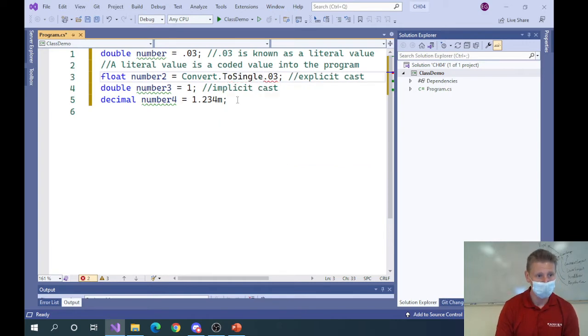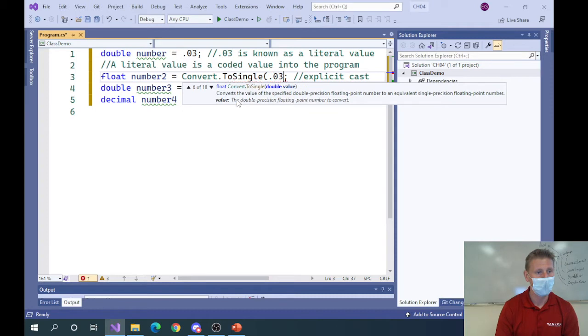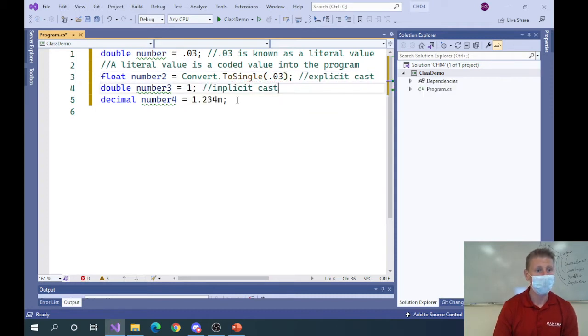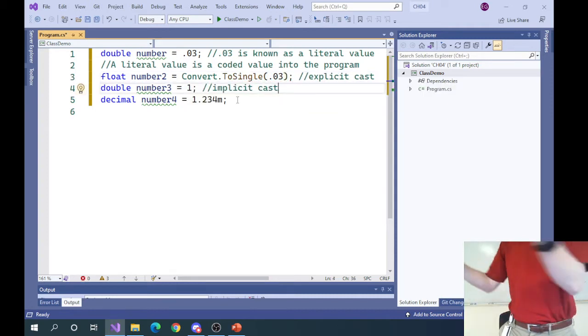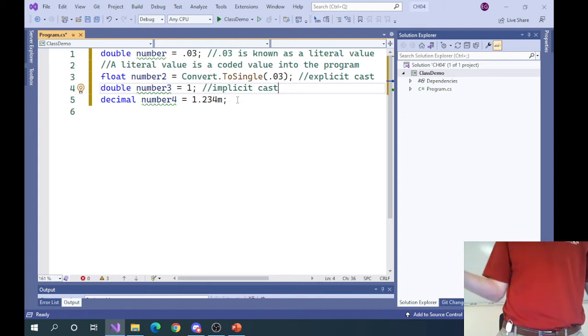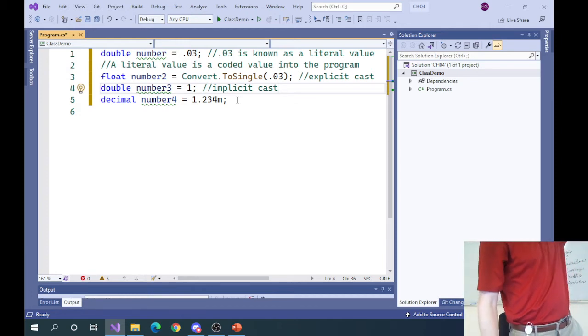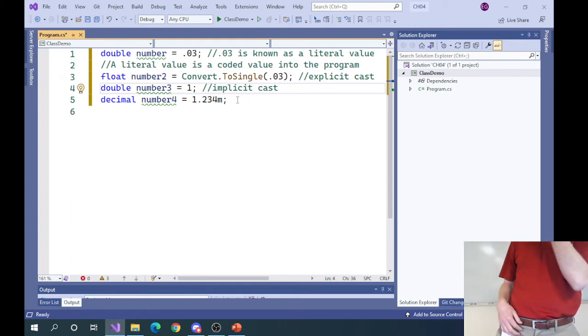So convert to single. There's more than one way to do explicit casting. You just put the letter after it, you put the data type in parentheses, you've got this whole array of converts. This is called the convert class.